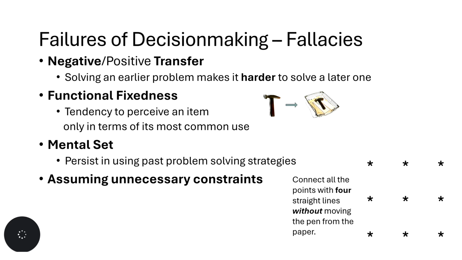So this is one of these great puzzles of connect all the points with 4 straight lines without moving the pen from the paper. And there's a lot of different ways of solving these kind of brain teasers in a way that a lot of times these puzzles are taking advantage of some psychological or cognitive shortcoming that's making us narrow the problem greater than it really is.